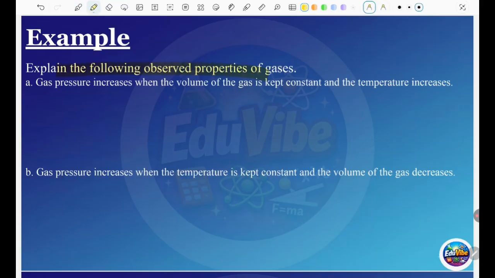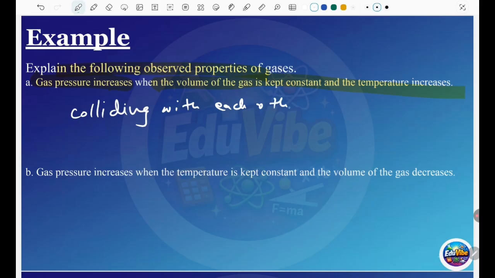First one: gas pressure increases when the volume of gas is kept constant and the temperature increases. When temperature increases, the kinetic energy increases and molecules move faster. You can write that the increased energy of molecules results in the molecules colliding with each other and with the walls of the container with more force.